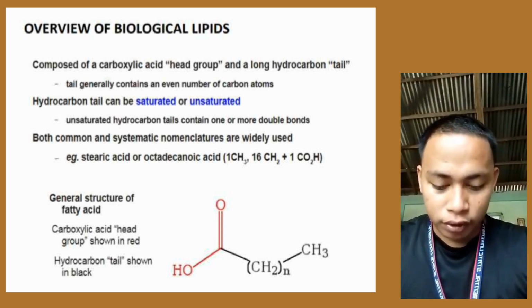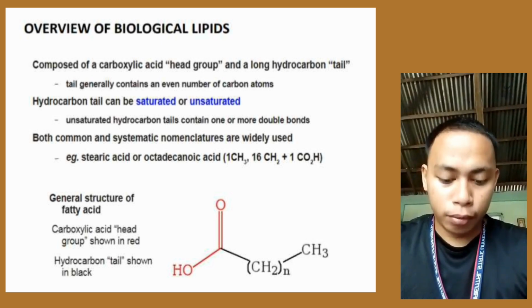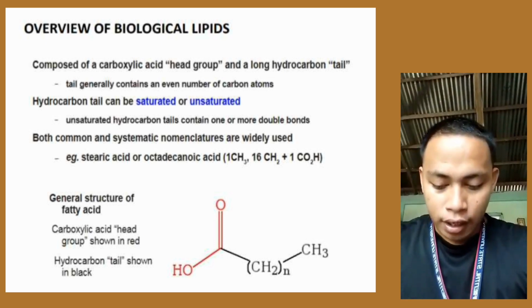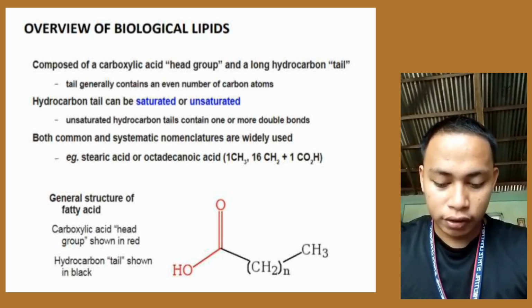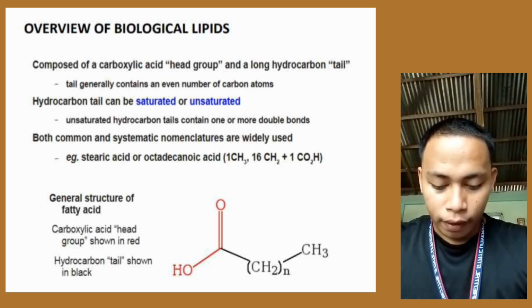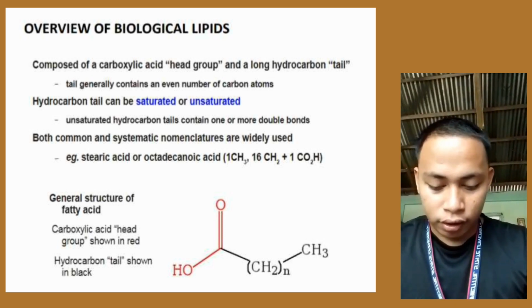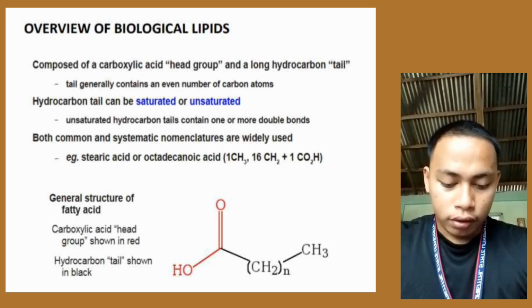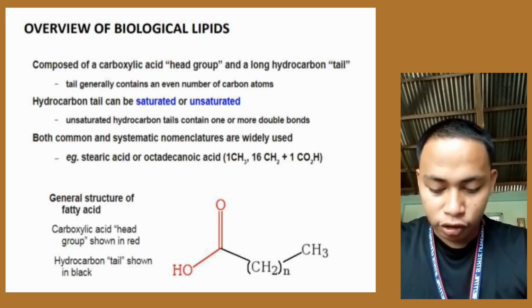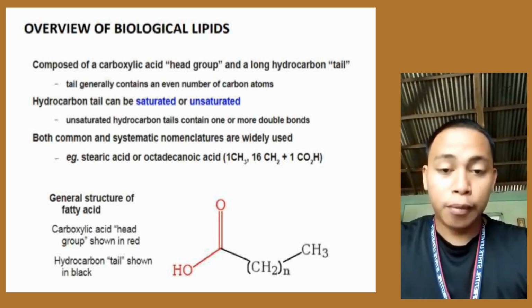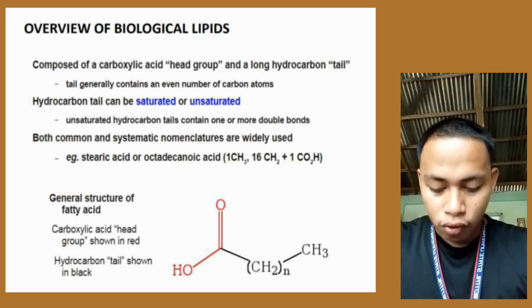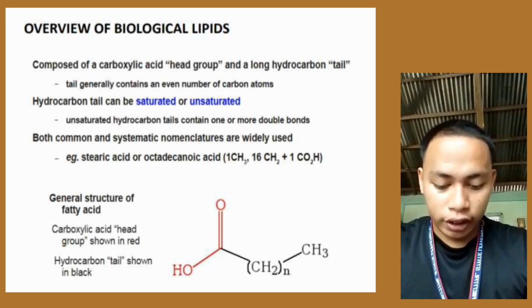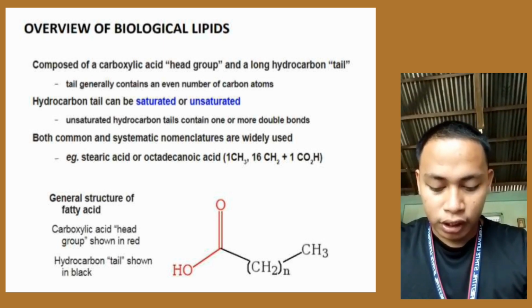Unsaturated hydrocarbon tails contain one or more double bonds, but common and systematic nomenclatures are widely used, like stearic acid or octadecanoic acid. The general structure of a fatty acid is a carboxylic acid group shown in red color and a hydrocarbon tail shown in black.